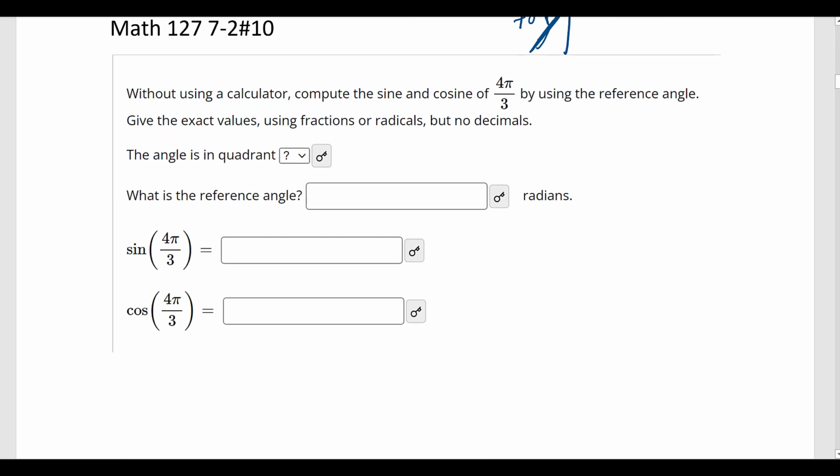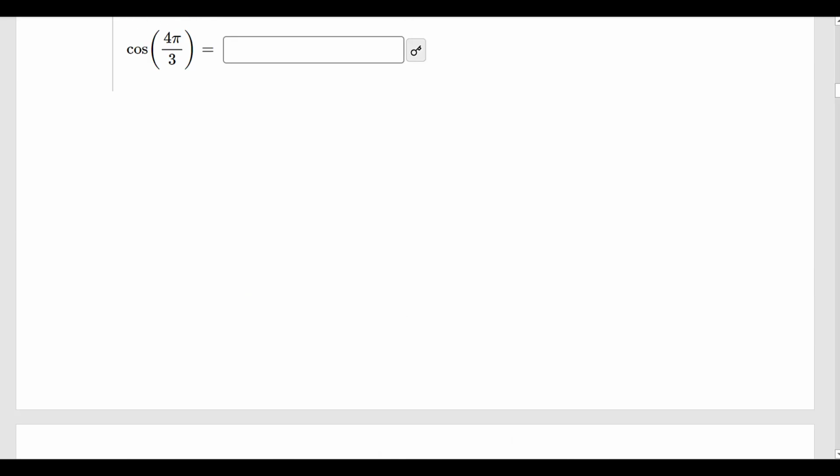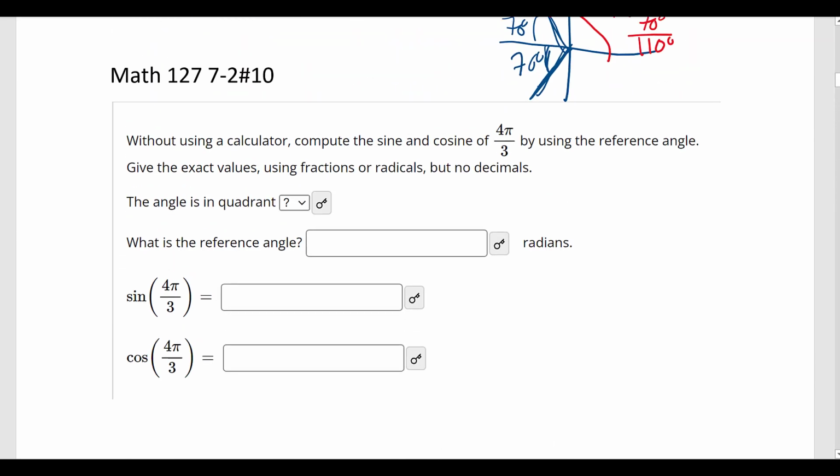And this one says, without using a calculator, compute the sine and cosine of 4 pi over 3 by using reference angles. Give the exact values. So, pull this one up here. We'll be able to use that drawing also from the book.